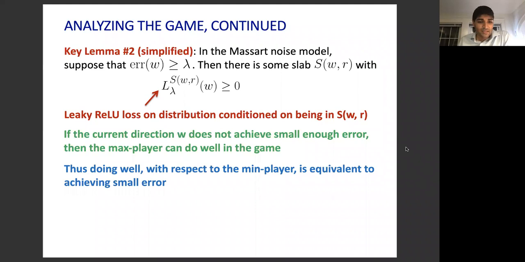And so what this means is that, in this game, if you have a strategy for the min player that does well, no matter how the max player responds, that's equivalent to achieving small error on your learning problem. So this would tell us exactly what we're after, that any equilibrium in this game is good enough for our purposes for solving the learning problem.